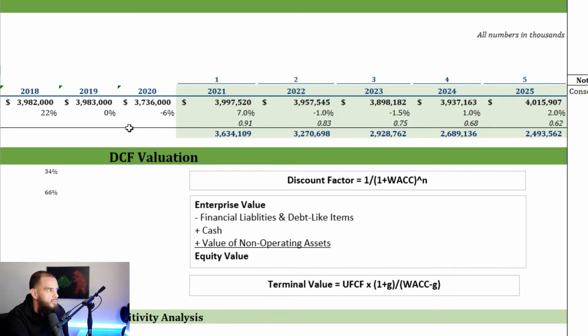I kind of went off of past performance, and I put 7% here initially because their trailing 12 months free cash flow is already above 4 billion. So seems like they're having a good year. I don't think the year after that they'll be able to match it. And I haven't seen anything that Hewlett-Packard is going to do differently that's just going to increase revenue.